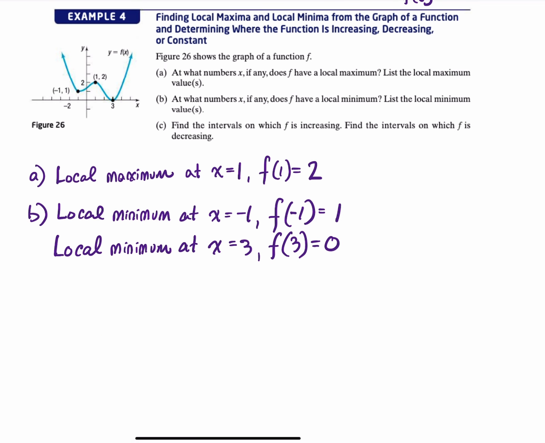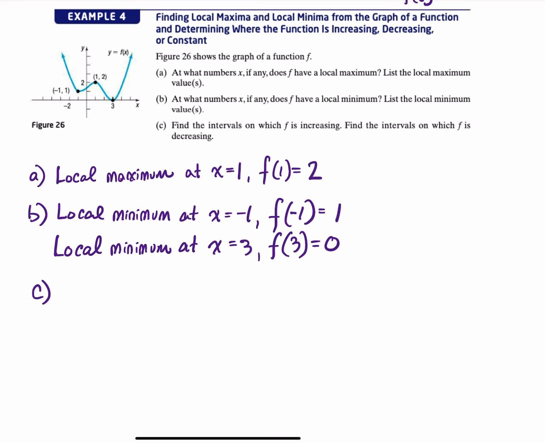All right, in part C, it asks us to find the intervals on which f is increasing and to find the intervals on which f is decreasing. So taking a look at the graph, even though we see this arrow here, it's tempting to imagine increasing behavior because, yeah, it's getting larger. But remember, we are always scanning from left to right on the graph.